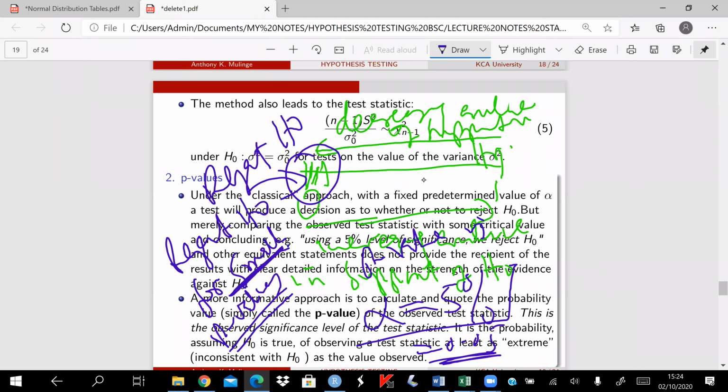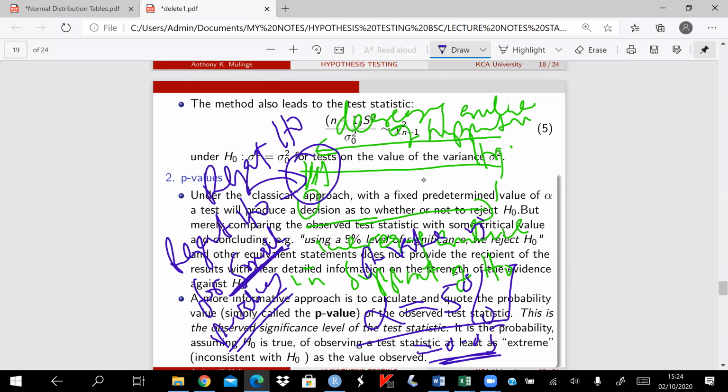So you reject the null hypothesis. But if your p-value is bigger than 0.05 and you're using alpha equal to 5%, it means that you have evidence to keep the null hypothesis, or to fail to reject the null hypothesis. Okay, so that's the basic rule.